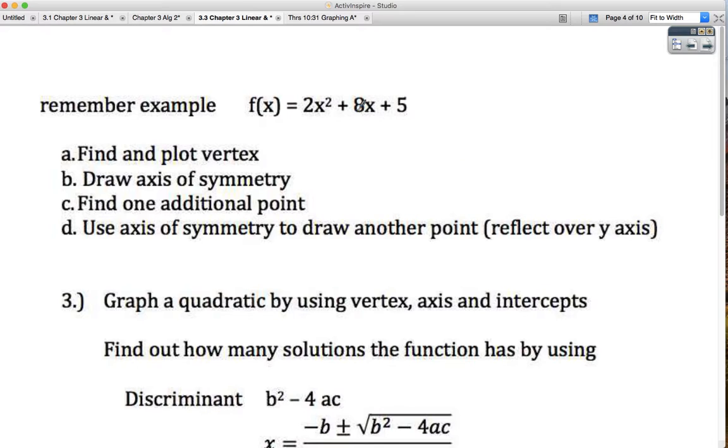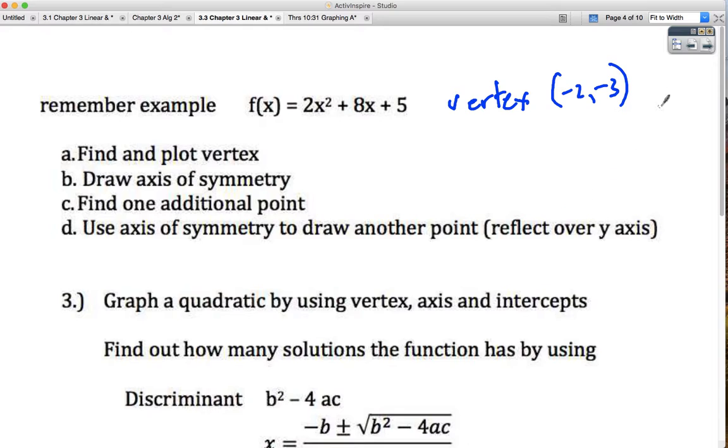Okay. We just completed completing the square, turning it into vertex form with the standard form quadratic. We actually now are going to look at some other ways of doing this. Okay, so let's take a look at this again. You know its vertex was -2, -3.